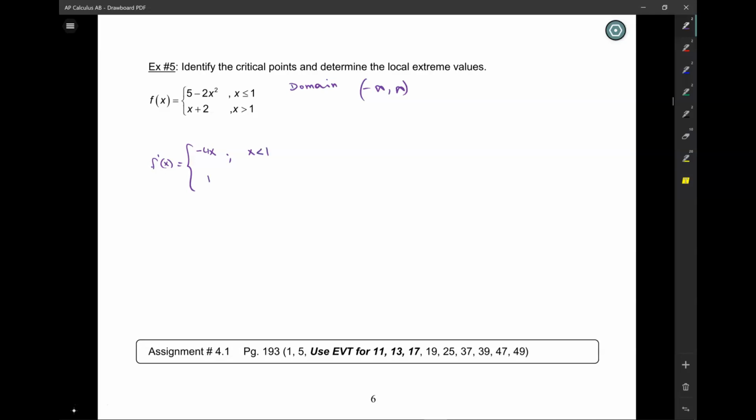So remember, at x equals 1, is the function differentiable? Is there a derivative at x equals 1? What's the derivative at x equals 1 for the top? -4. What about for the bottom? 1. So at x equals 1, this is not differentiable. That means the derivative can't exist at 1. So when you write the derivative, it has to be open at 1.